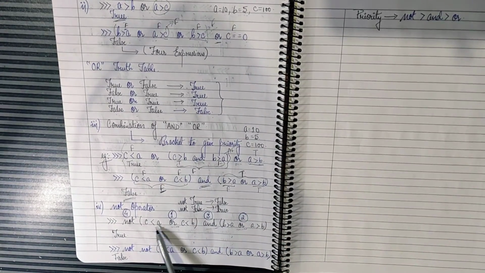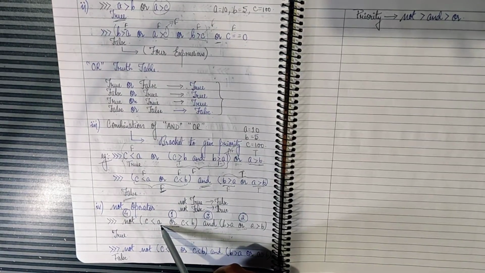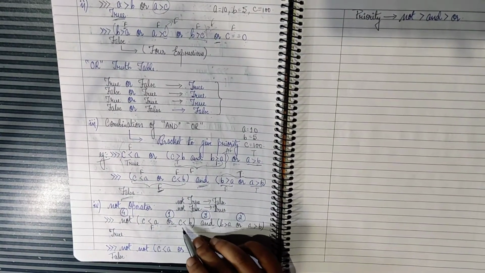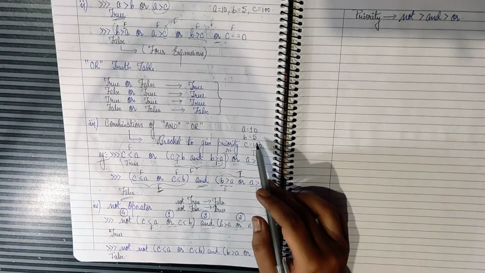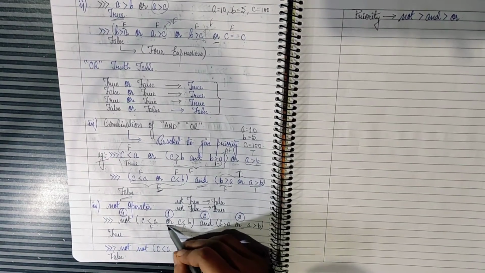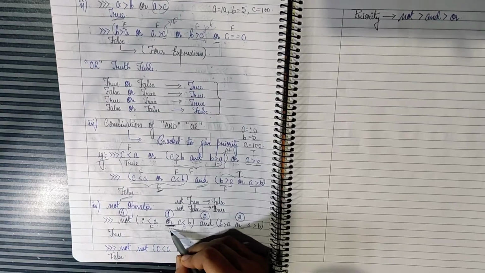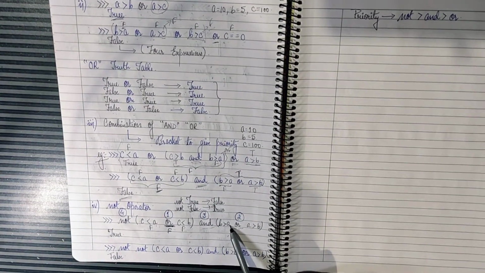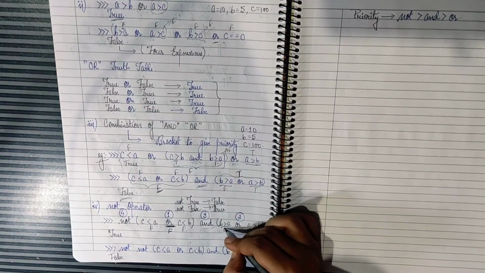So C is less than A, that is 100 is less than 10. Is it true? False. So if it is false, we need to check the other one, that is 100 is less than B. No, 100 is not less than 5, so it is also false. So the whole output of this OR is false, right? Coming to this one, is 5 greater than A? No, this is also false.